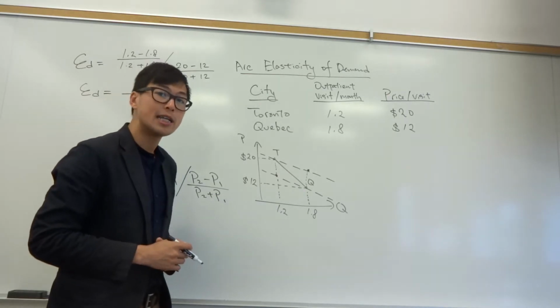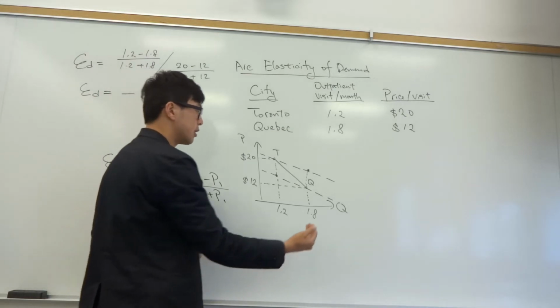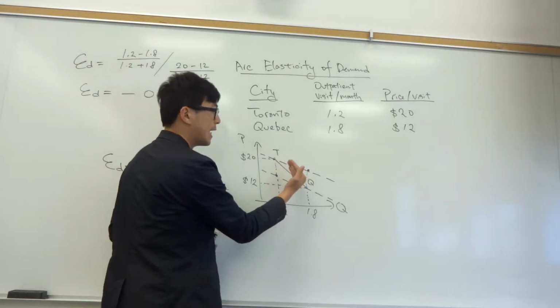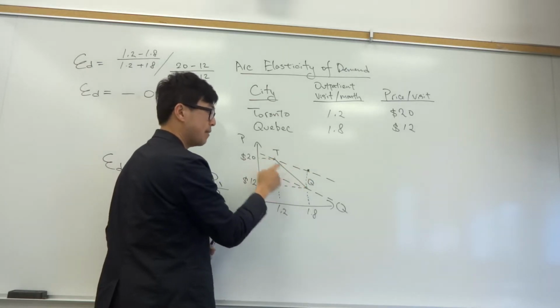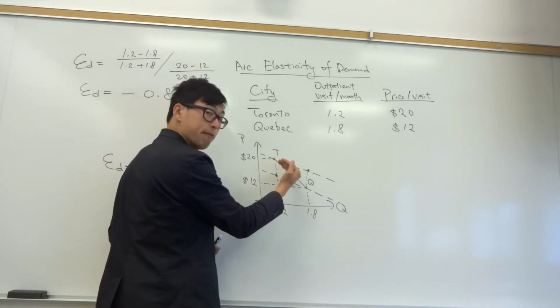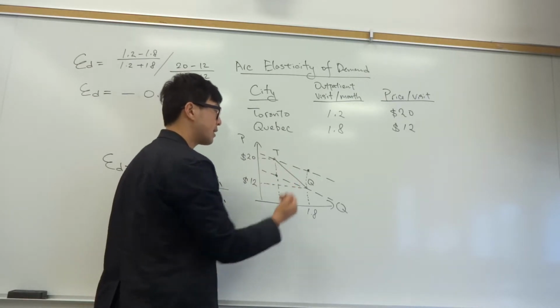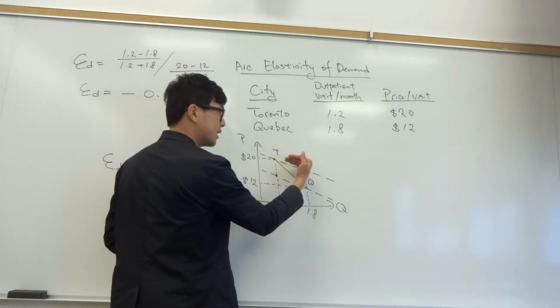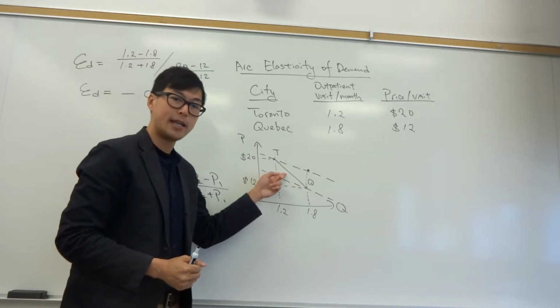Because we are underestimating the elasticity of demand, well, in this case, it's a lot more elastic in the case of this first estimate. Compared to if it is true that Toronto has a high level of income compared to Quebec, the true elasticity should be less than what we first estimated here.